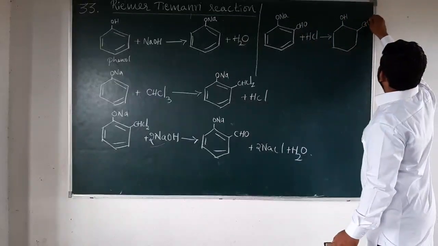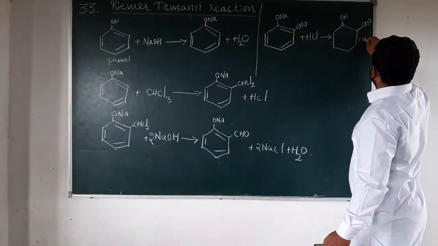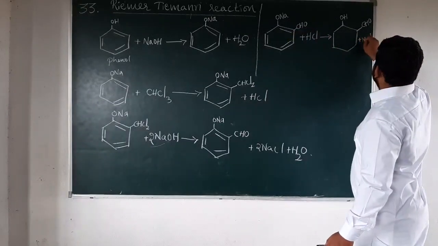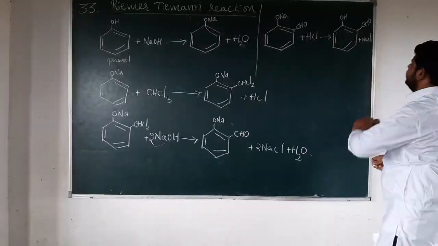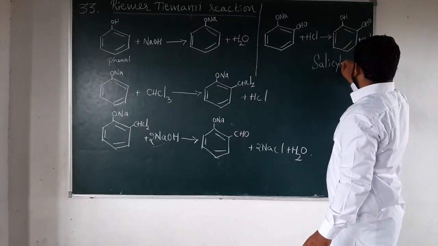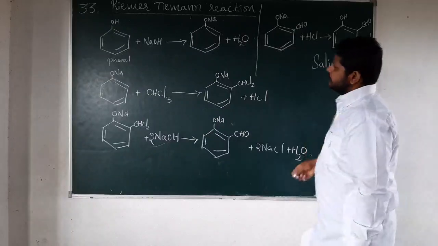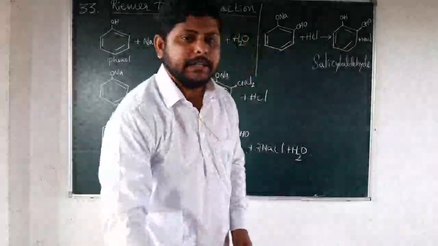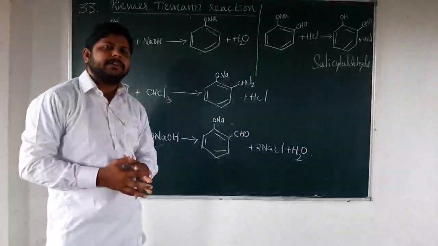Already CHO is here. So Na and Cl form NaCl. Its name is salicylaldehyde. So the conversion of phenol into salicylaldehyde is called the Reimer-Tiemann reaction.